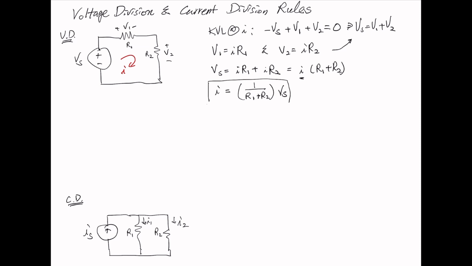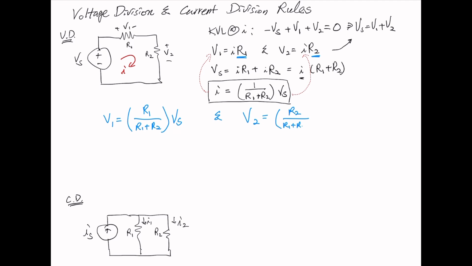So now we're going to use this relationship to find V1 and V2. V1 equals I R1, which is what? The denominator is R1 plus R2, and we have R1 in the numerator, so R1 over R1 plus R2 times Vs. And V2 in a similar way, in the numerator we have R2 over R1 plus R2 times Vs. So this is the voltage division rule.